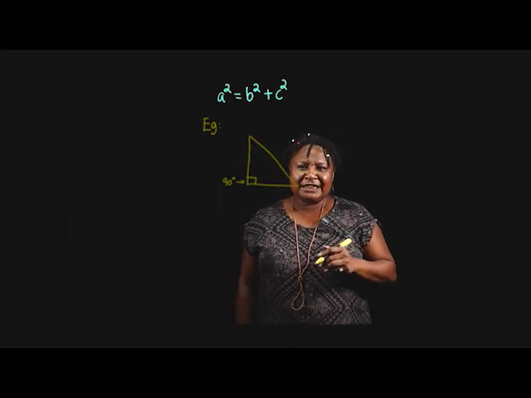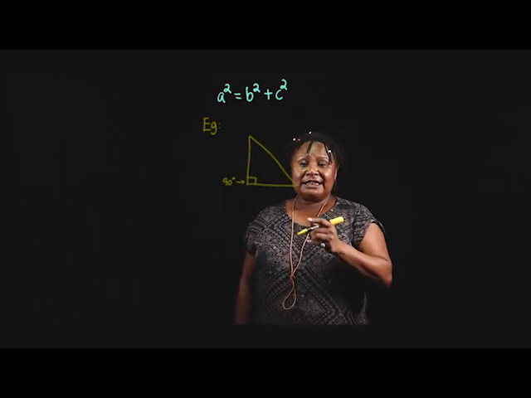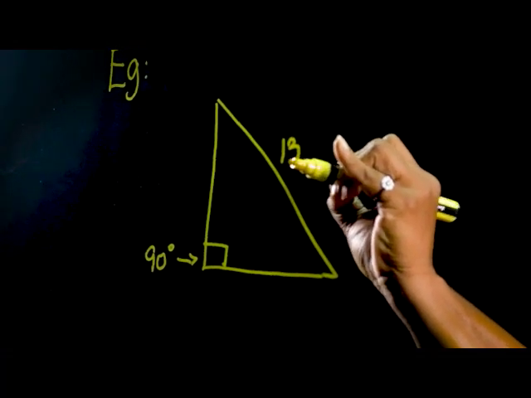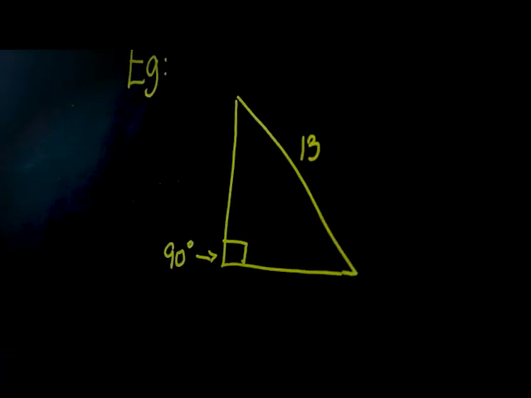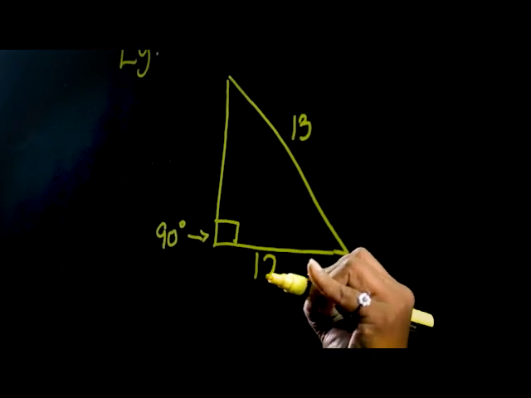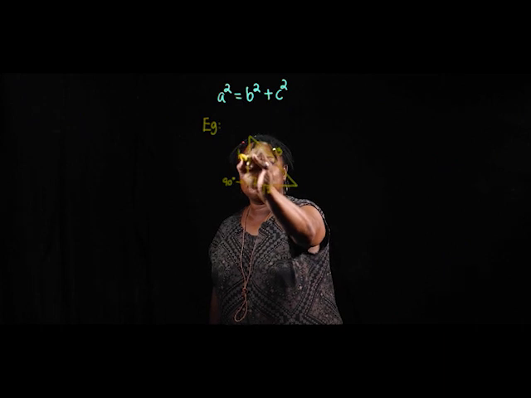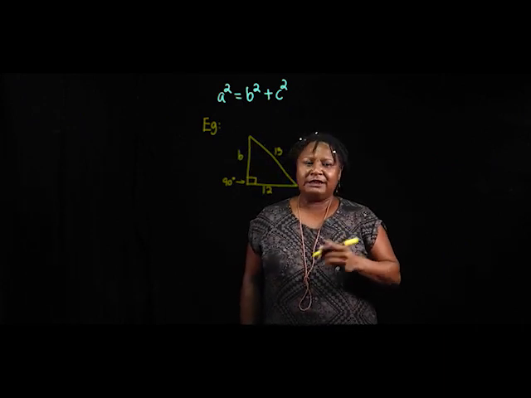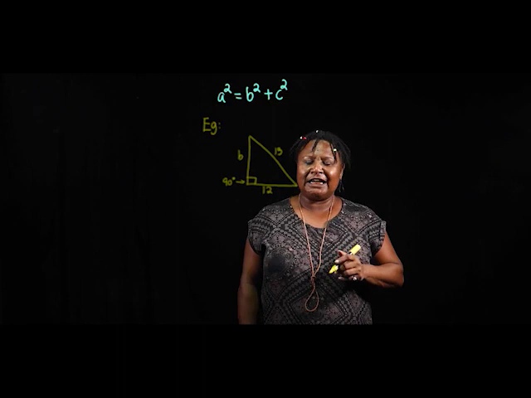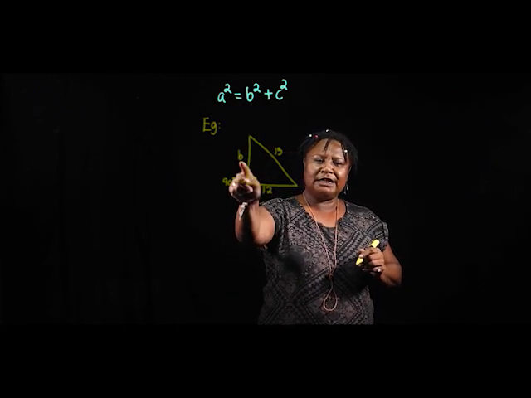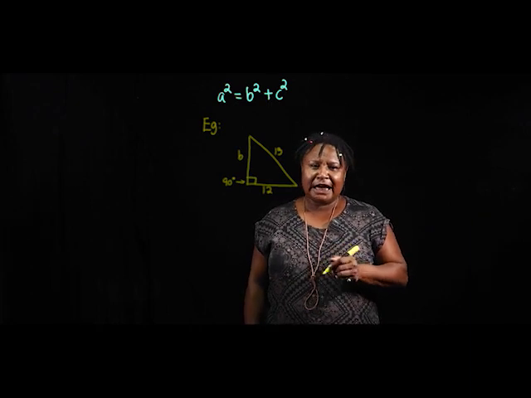And this triangle has sides of: we will say that the hypotenuse is 13 units. The base here is 12 units. And this short side here, we will say it is b. We don't know the length of that side. So using the formula, we are going to find the length of side b.